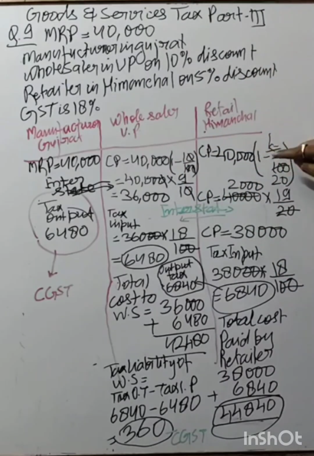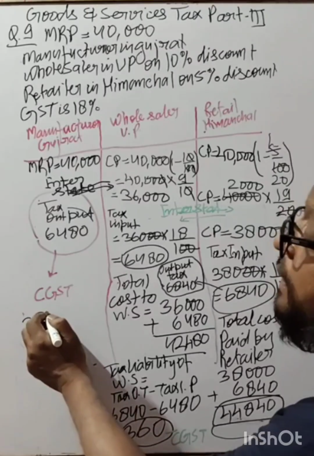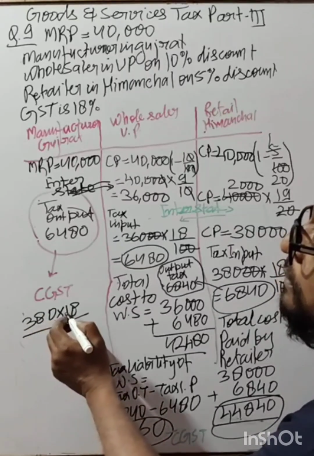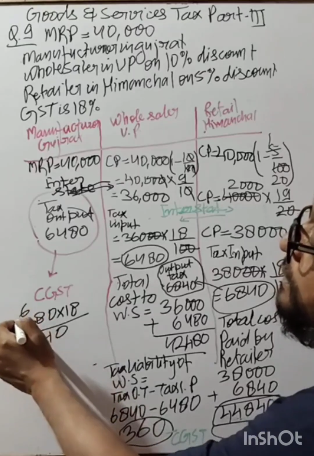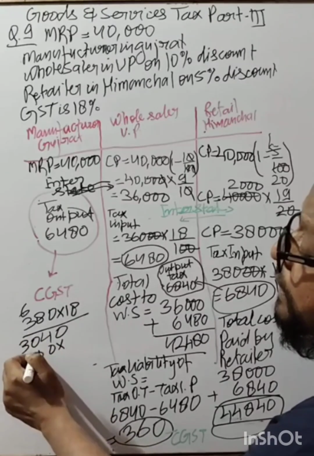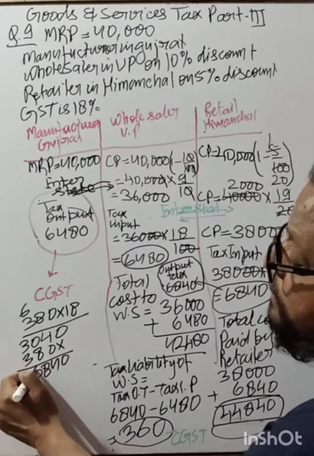Yes. तो 5% डिस्काउंट किया तो आया 38,000। 38,000 के ऊपर हमने टैक्स लगाया 18%। हाँ, 380 into 18%. 8 times 8 becomes 64. 3 times 8, 24, 30. It becomes 6,840.